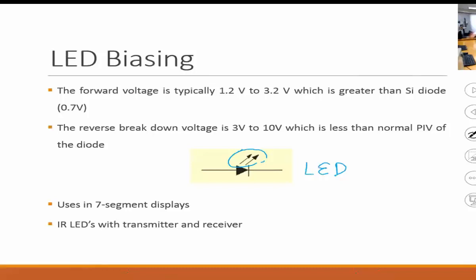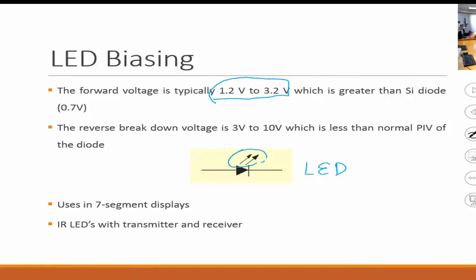Another major difference from traditional diodes: remember that traditional diodes require at least 0.7 volts, correct? But the LED breakover voltage can be anywhere in that range, depending upon what color of light the LED is emitting.